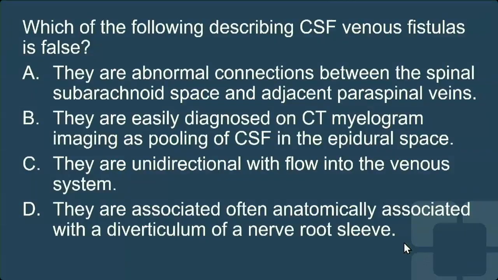All right, this is our last question. Which of the following describing CSF venous fistulas is false? A, they are abnormal connections between the spinal subarachnoid space and adjacent paraspinal veins. B, they are easily diagnosed on CT myelogram imaging as pooling of CSF in the epidural space. C, they are unidirectional with flow into the venous system. Or D, they are often anatomically associated with a diverticulum of a nerve root sleeve.